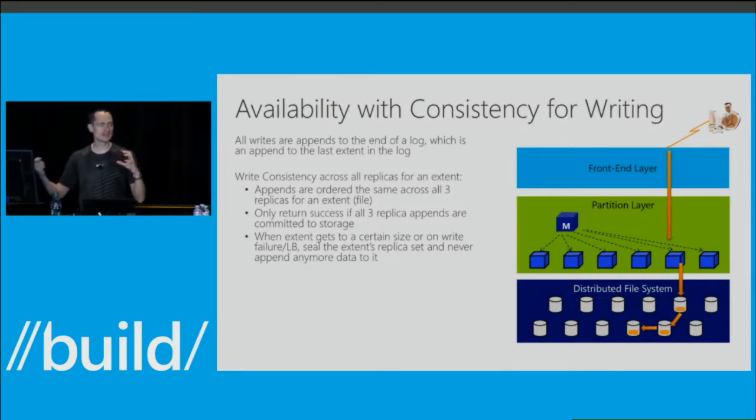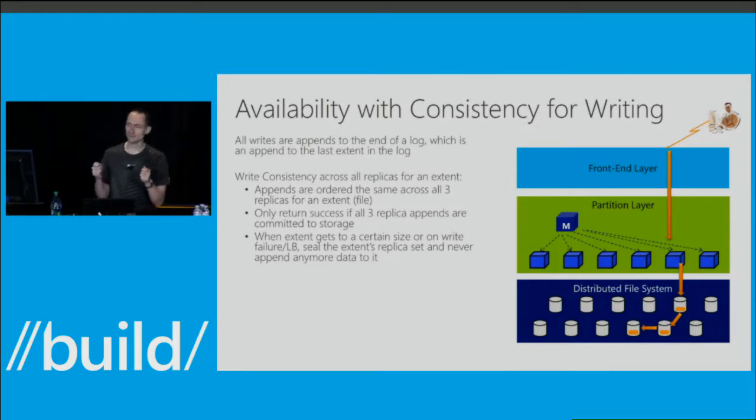So to provide consistency and availability, the question comes down to, okay, how can we actually make sure that those appends to that last extent are consistent? So there's three things we do. All appends that are going on to that last extent, we make sure that the appends to all three replicas are in the same order. Okay? What does that mean? That means that each replica for this extent will be bitwise identical. And why is that important?